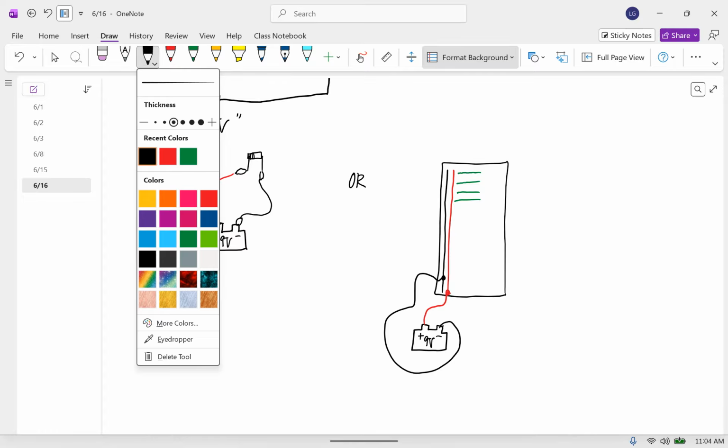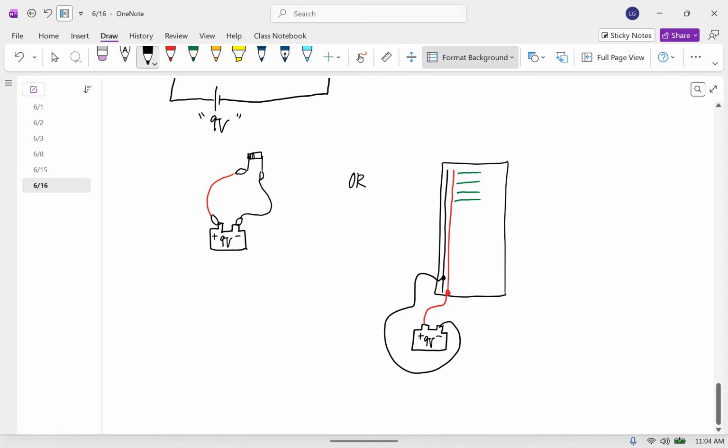And I'll put my resistor here. And now I'll connect my positive power rail to one side and my negative power rail to the other side.